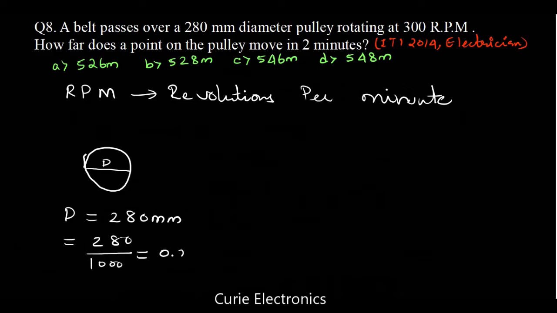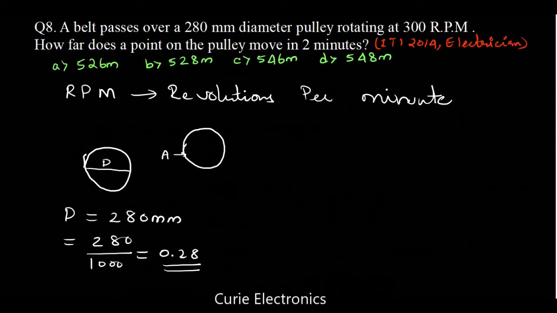So we will get 0.28. Diameter equals 0.28. Now let A be a point here. We have to find how much distance this point travels during 2 minutes.